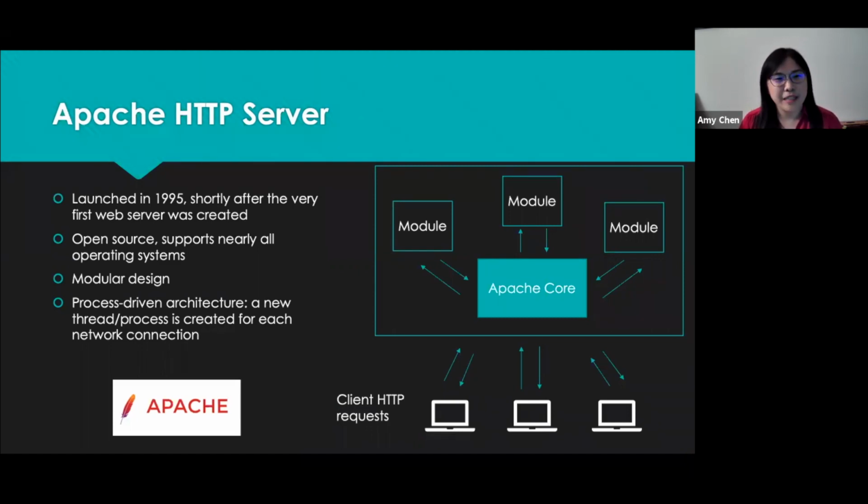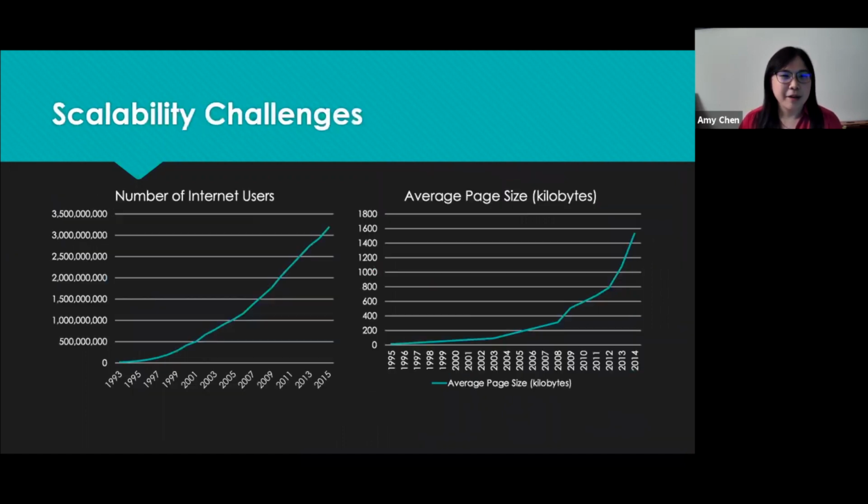That's the basics on Apache server, which really powered the early generation of websites in the world. But as I alluded to, as the number and size of the internet accelerated over the past, call it, 20 years, that proved to be challenging for Apache in terms of scaling.